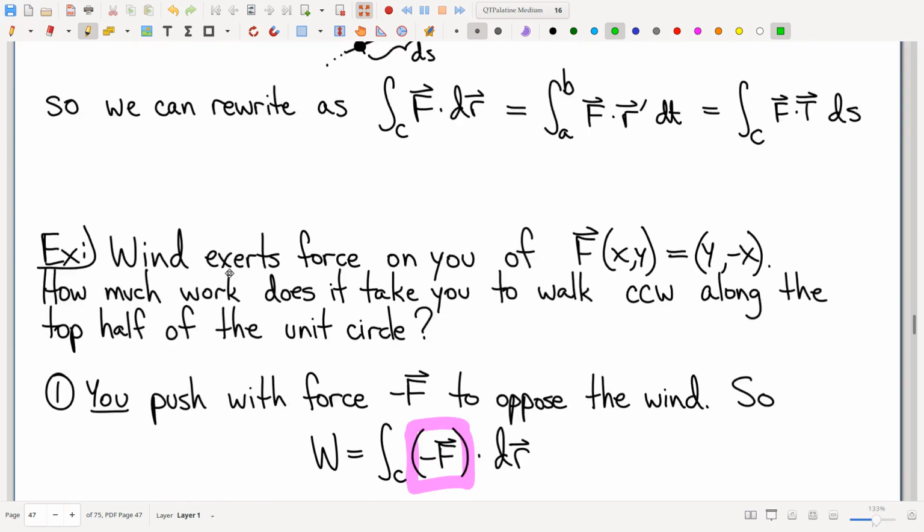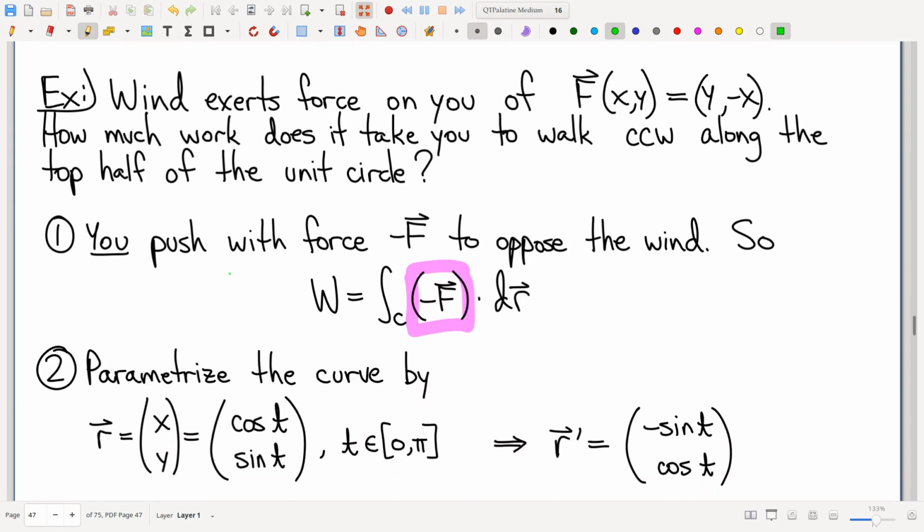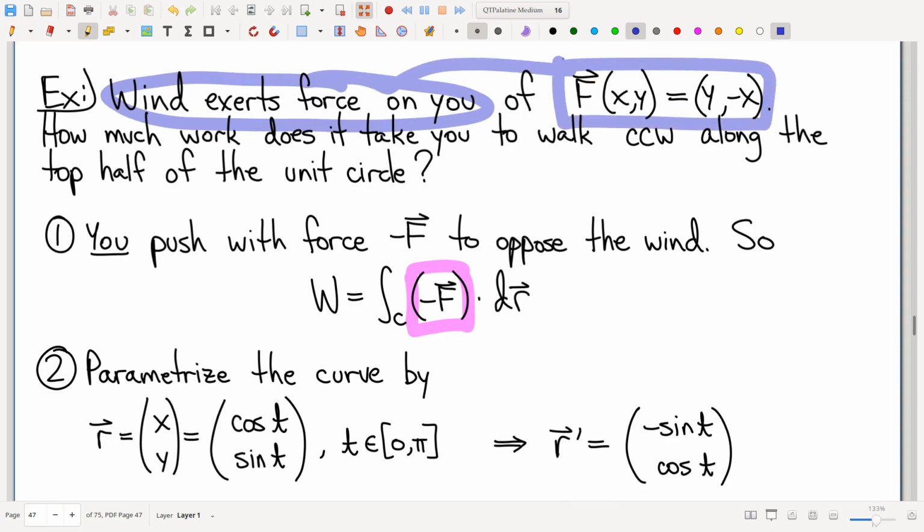And notice in the phrasing of this question, I didn't give it that way. I gave it as the wind is exerting this force on you. So the wind is blowing in my face. The wind is applying a force that way. I am plodding along, pushing against that force. I am applying the force that way.